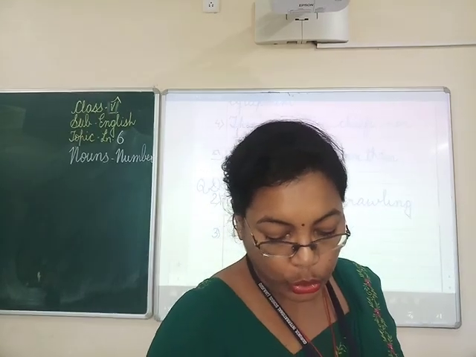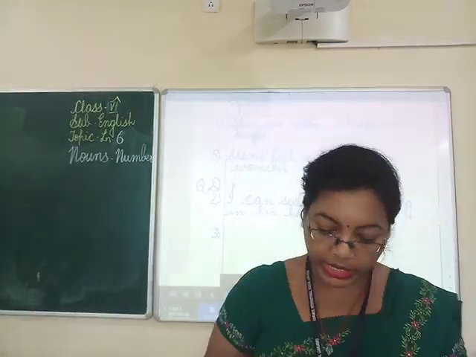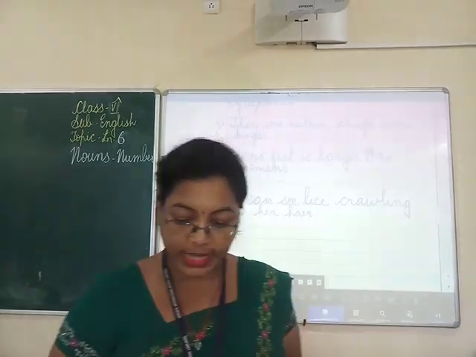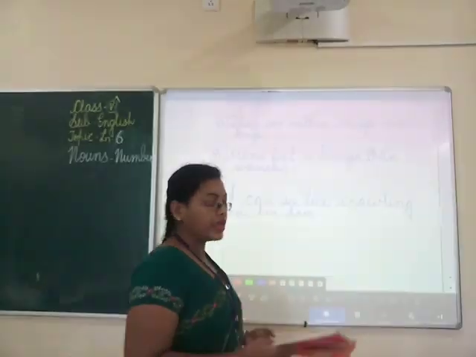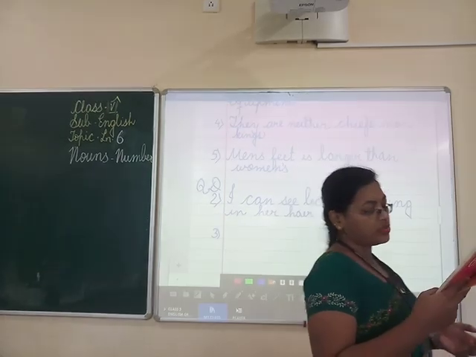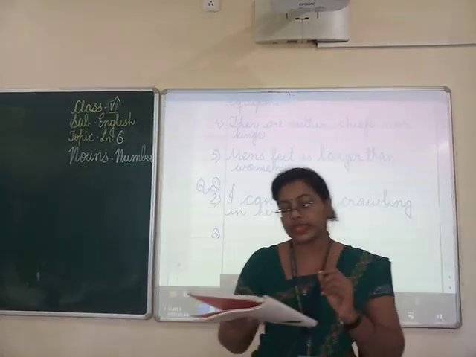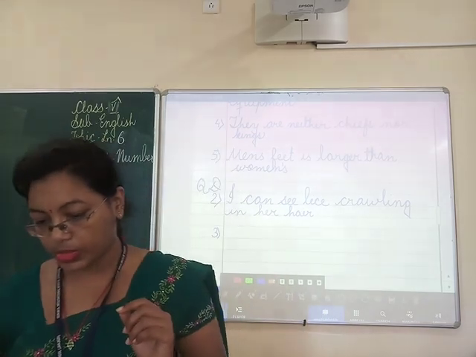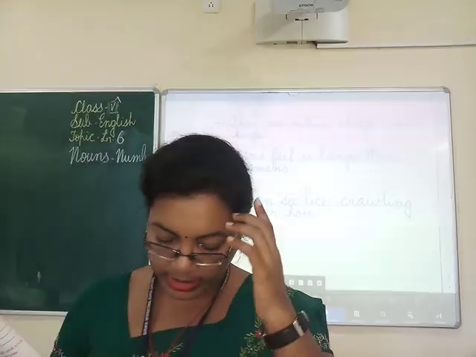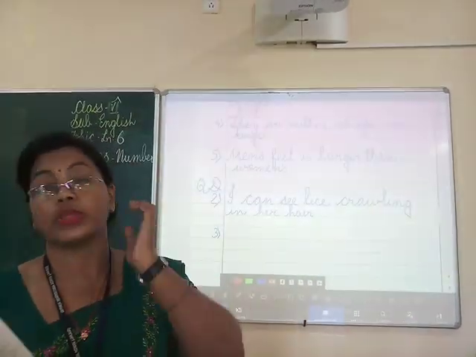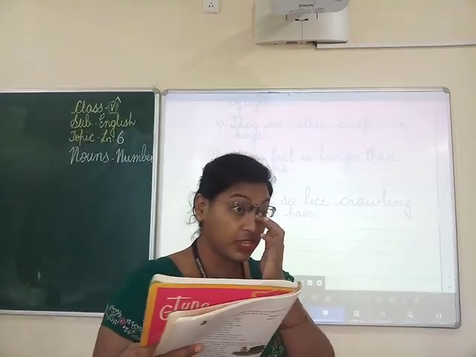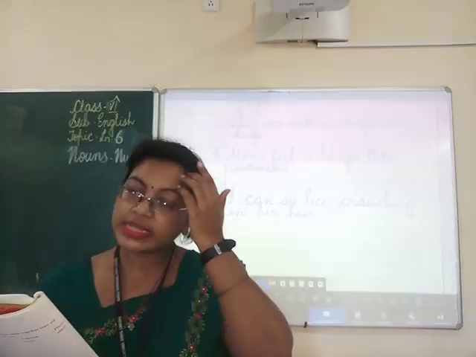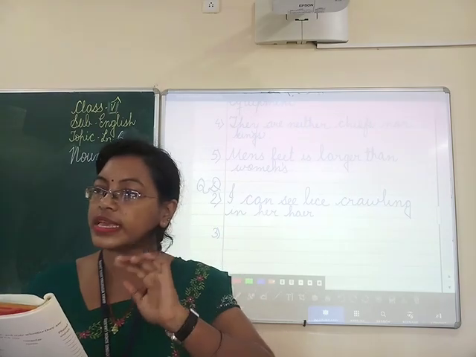There are 2 churches near Mohini's apartment. In this, what is wrong? You people just tell me. What is wrong in this? Churches. What is the spelling of church? C-H-U-R-C-H.